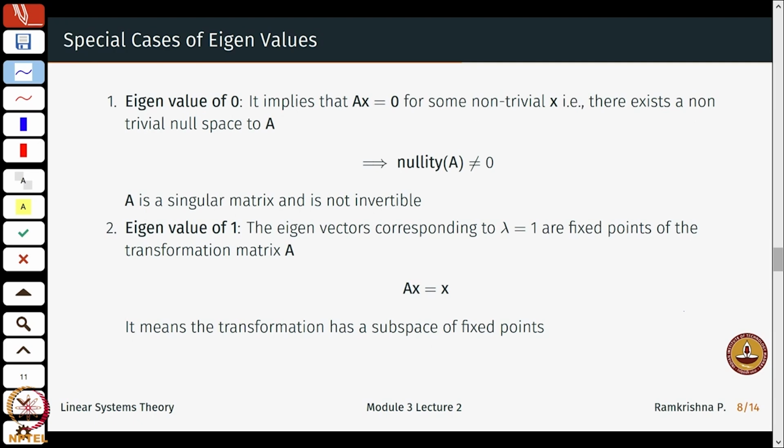So, if the eigenvalue is 0, this corresponds to lambda equal to 0, which essentially means that A times x will be 0.